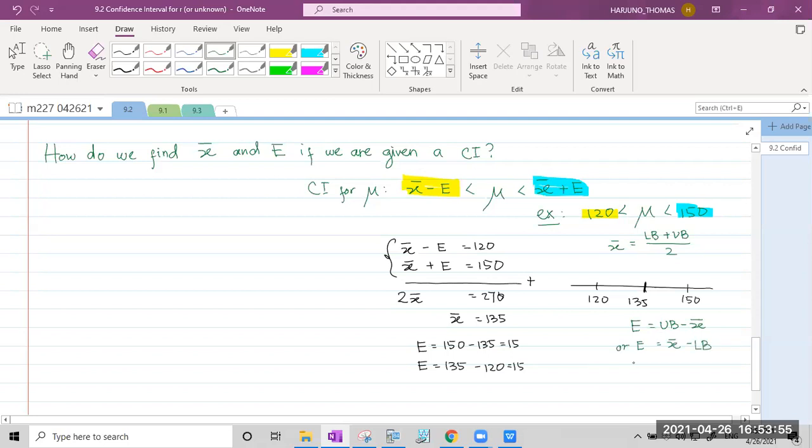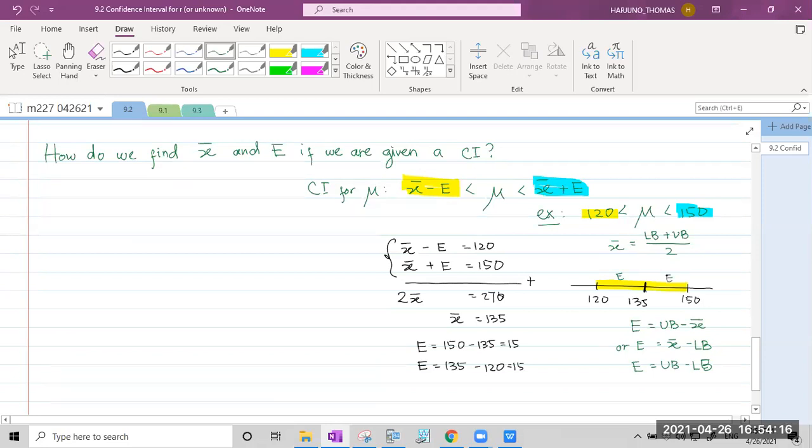In fact, you can also use the upper bound minus lower bound. The difference between upper bound and lower bound is twice the margin of error. You have a margin of error here, you have another margin of error here.